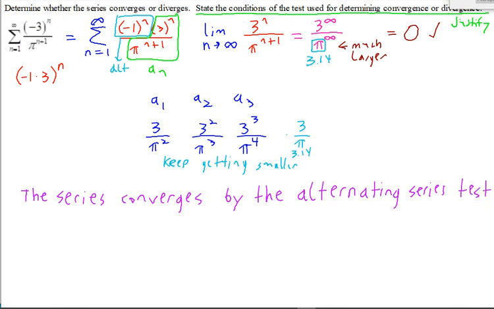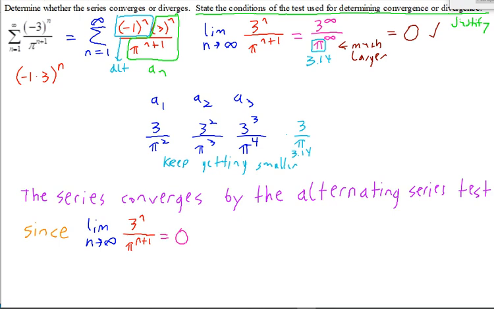And then you can say, since, and with the alternating series test, if it converges, you have to say 2 things. The first thing is to reference this limit right here: the limit as n approaches infinity of 3 to the n over pi to the n plus 1 equals 0.